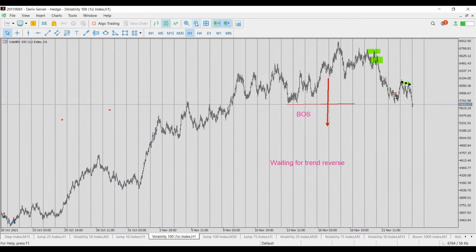Every trader loses and makes money, but the thing is, how much do you make compared to how much do you lose? You need to make more money than you lose.